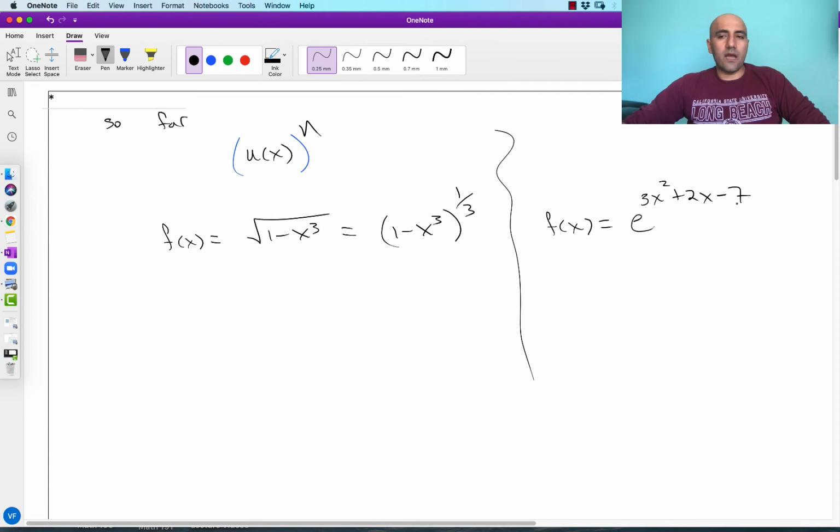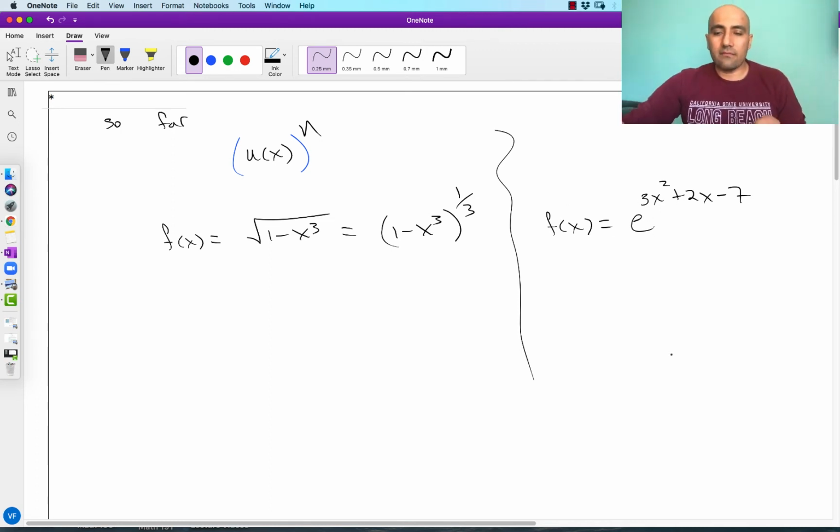This is not as easy as that. I can't rewrite this as some equation raised to the power of n, where n is some real number, a counting number, anything like that. This one's more complicated. So we need a more powerful rule to help us deal with this, a more generic rule that will help us interpret what to do with this.